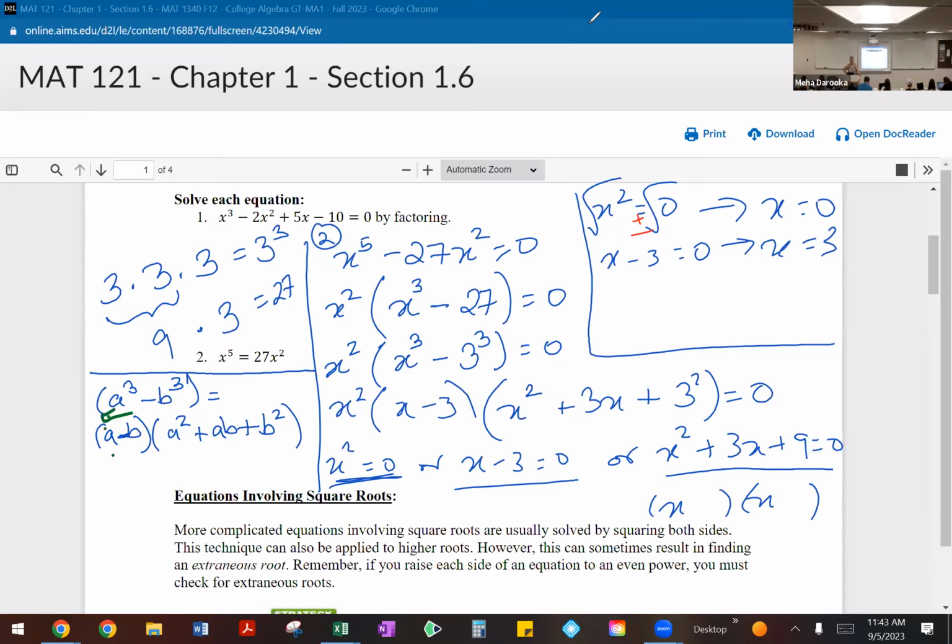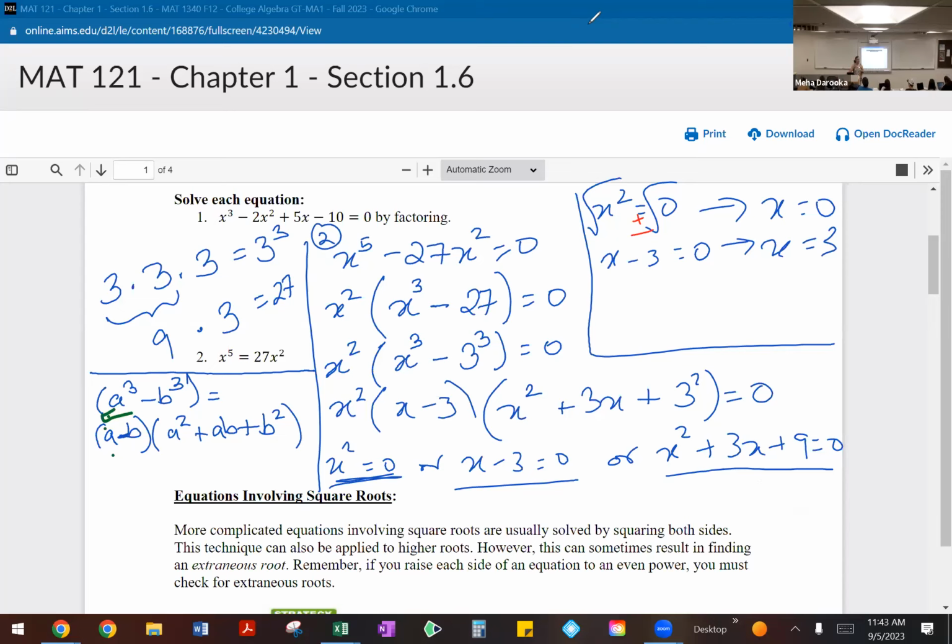So two numbers which multiply to give us 9, but add up to give us positive 3. Now, what are factors of 9? Not a whole lot. 9 times 1, which will either add up to give us 10 or subtract to give us 8. 3 times 3, which add up to give us 6 or subtract to give us 0. So none of those combinations are giving us 3. This cannot be factored.